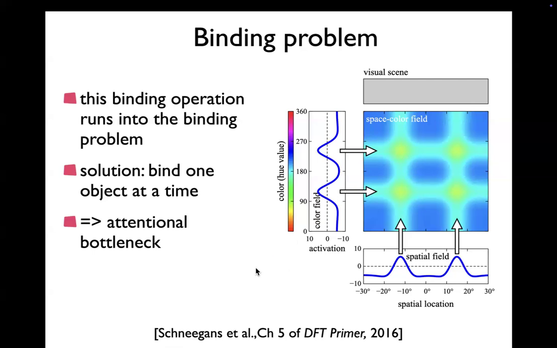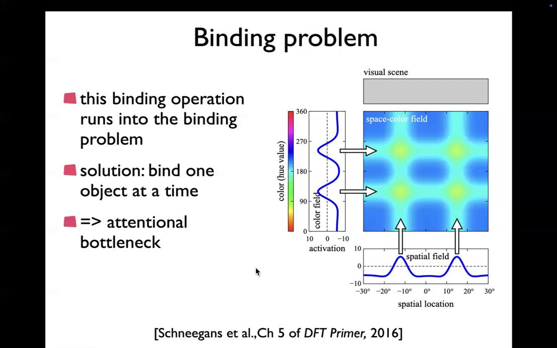So this does not happen a lot, even though I hinted that it does occasionally happen. And that is one of the pieces of evidence for what is called an attentional bottleneck, namely that when you're doing a task like that, you're doing it one object at a time. And that's important. It's one object at a time, which really translates here into one location at a time.